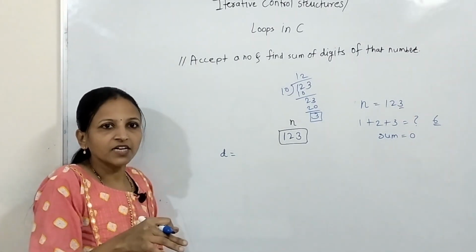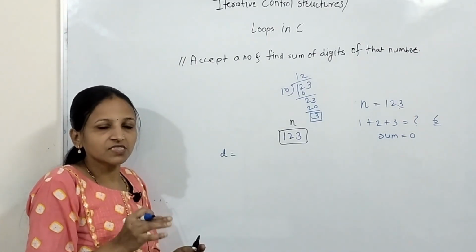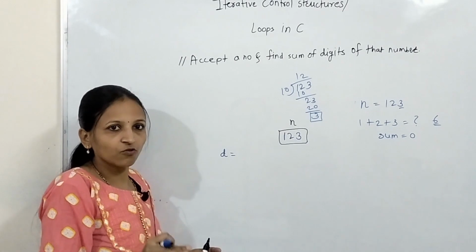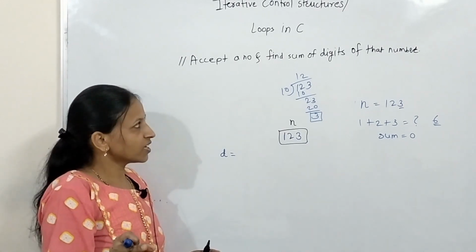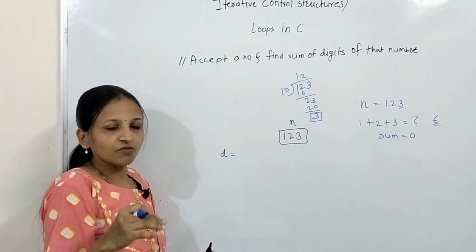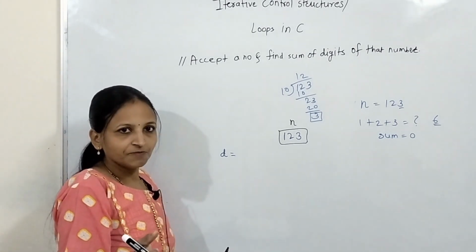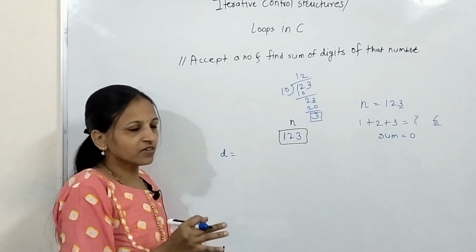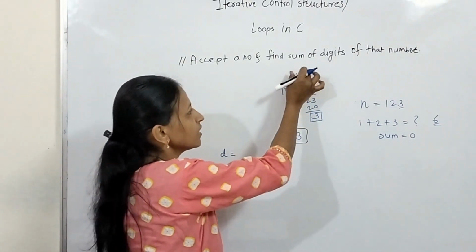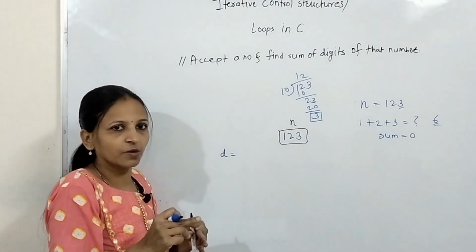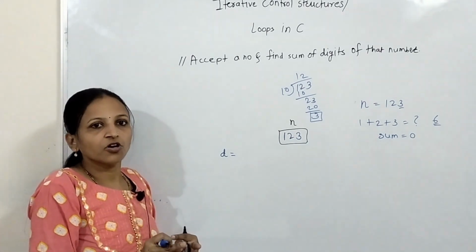So if we divide any number by 10, the remainder will always be the last digit. Don't consider floating point division, like 12.3. Here we have to consider only whole division, where the whole part is there and whatever remainder is given by the modulus operator.